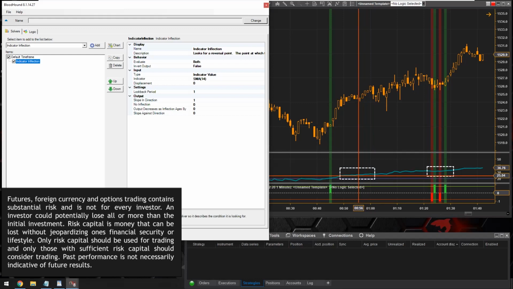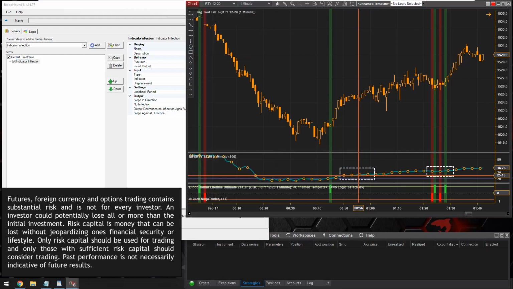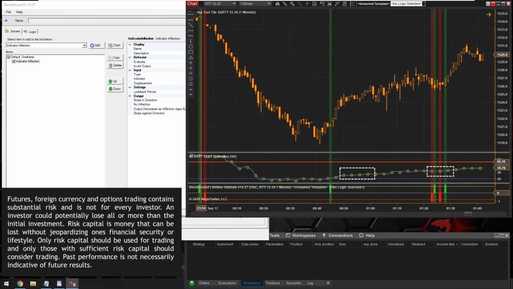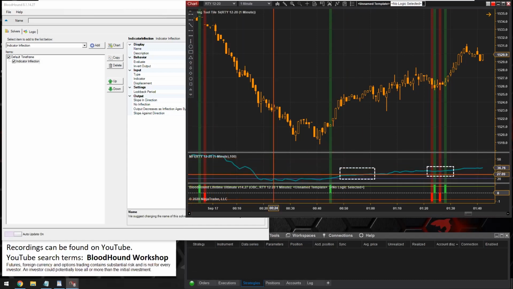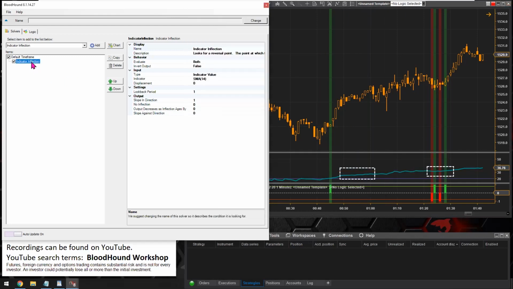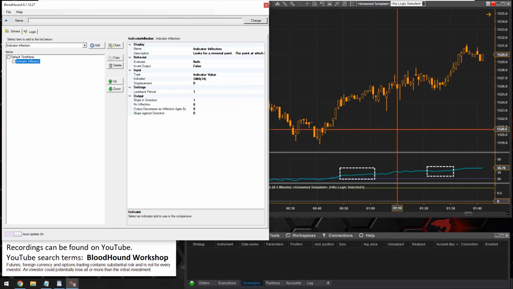So let's say you're looking at the inflection of, in this example, the MFI indicator. And what I have in these squares here are, sorry, hold on, let me turn that off, there we go.